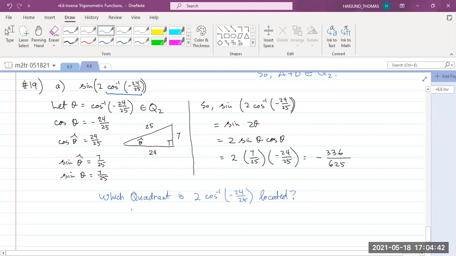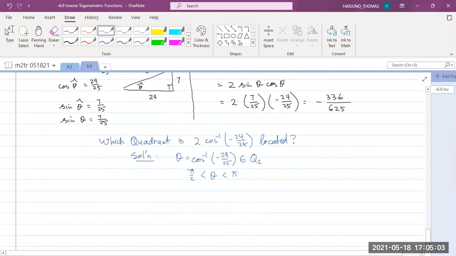Now we know that cosine inverse of negative 24 over 25 is in quadrant 2, right? We called that theta earlier. So theta is between pi over 2 and pi. Now when I double it to 2 theta, then it must be between pi and 2 pi, right? In other words, 2 theta is in quadrant 3 or quadrant 4.